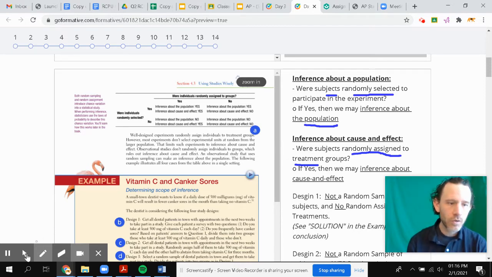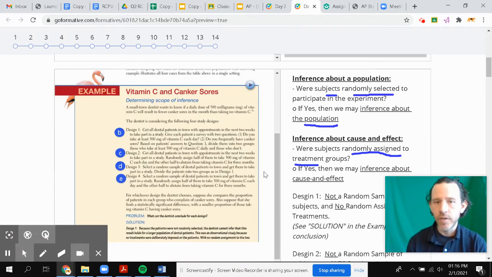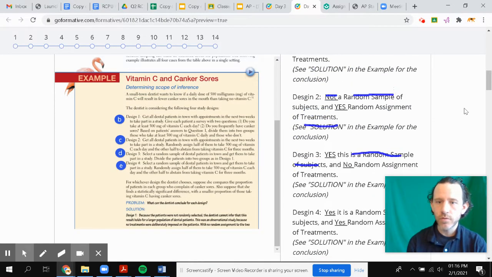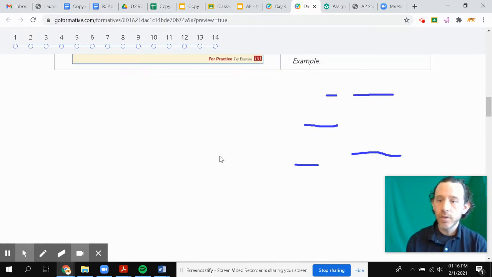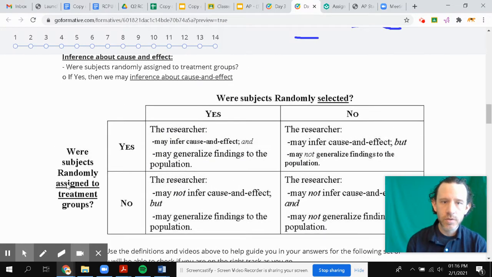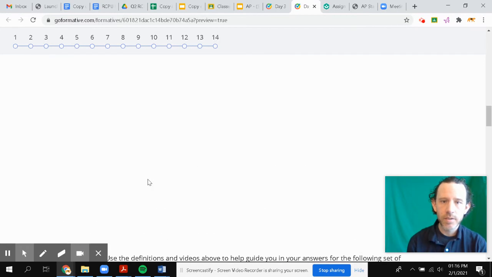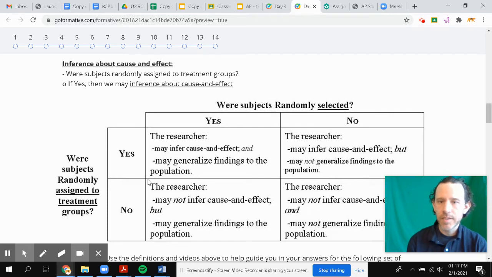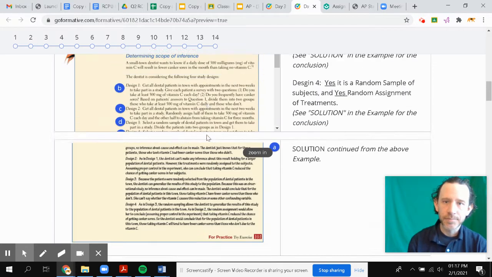Okay, so let's take a look at the example. I actually have that chart further down as well. So if you're looking at the notes further down, if this loads up, you can see how that plays out in this chart here. It's the treatments on this side and the sampling on that side, but that's the idea.